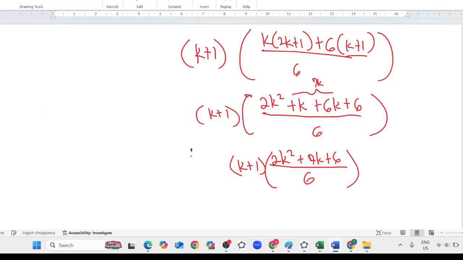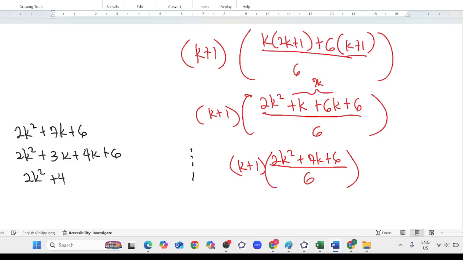Here we have 2k squared plus 7k plus 6. So I can just write 3k plus 4k plus 6, and then if I take out k plus 2, what is left there is 2k squared plus 4k plus 3k plus 6.